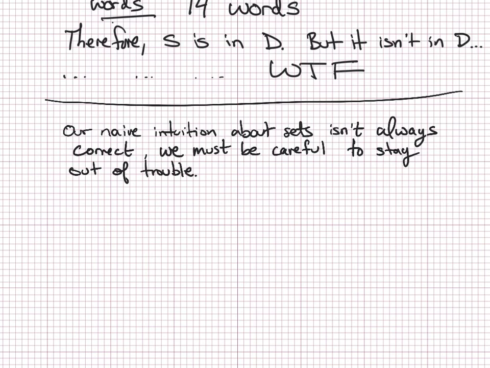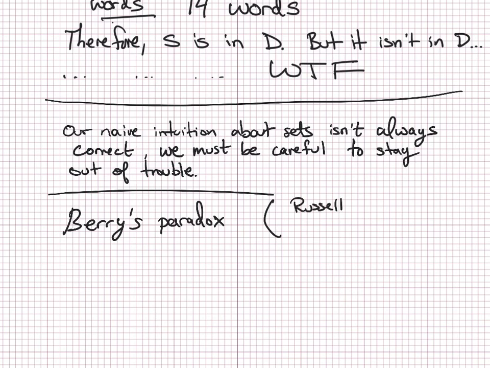So for those who would like to do some Googling, this is called Berry's paradox. There's a couple other such paradoxes which I maybe will not get the names. I think Richard's paradox is the other.